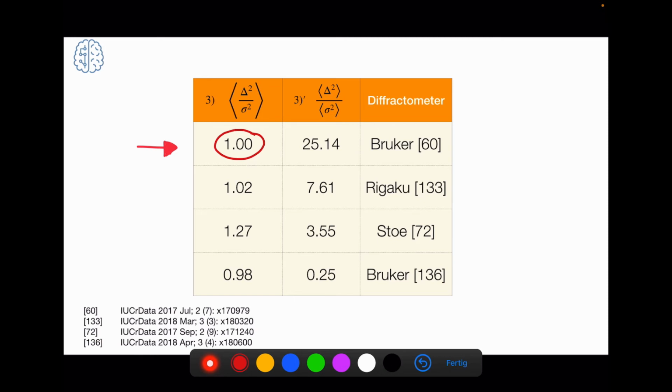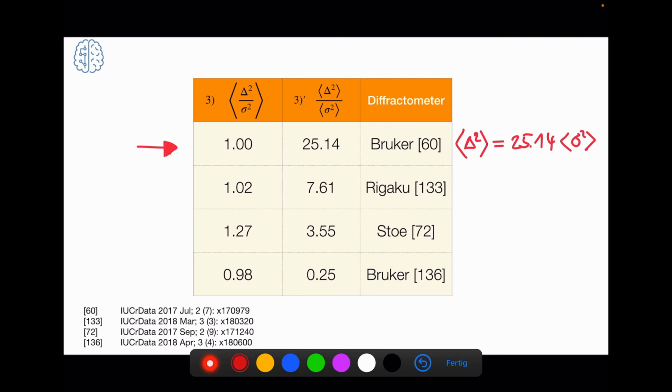So that will result in a goodness of fit value very close to 1. But if you look at the second number, you see that the unweighted squared residual is 25 times 0.14 larger than the mean squared standard deviation of the observed intensities.